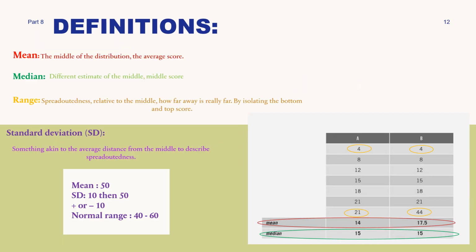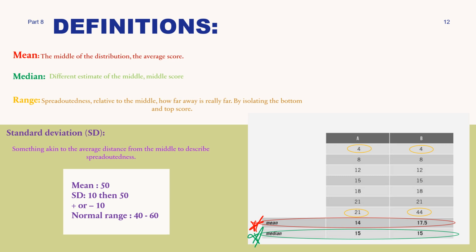Correct terminology is important throughout your study. These are some important ones to note. Mean is the middle of distribution, or the average, shown here in red. The median is a different estimate of the middle, the exact middle, shown here in green. Range is the distance between the top and bottom score.